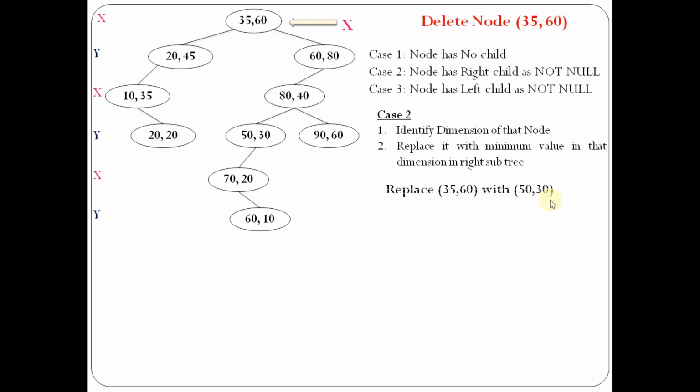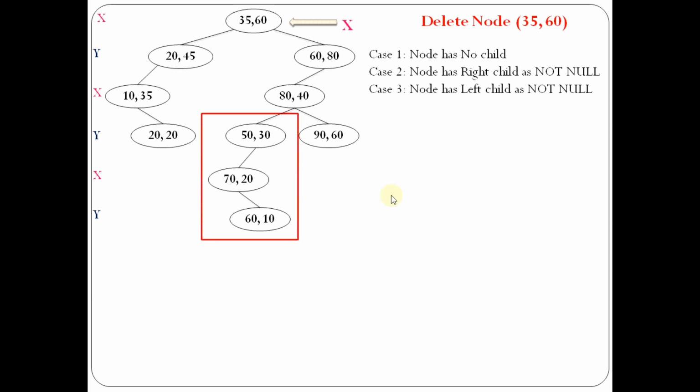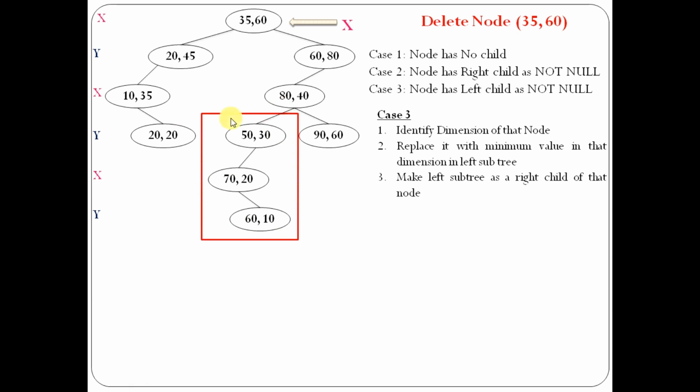But we observe that (50, 30) is not a leaf node, so again we have to apply case 1, 2 or 3 for this scenario. I have considered this scenario separately. It belongs to the third category. First, (50, 30) has no child? No, so it does not belong to case 1. Case 2 is the right child being not null.